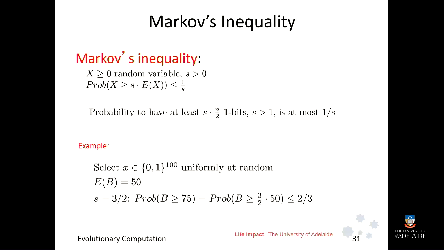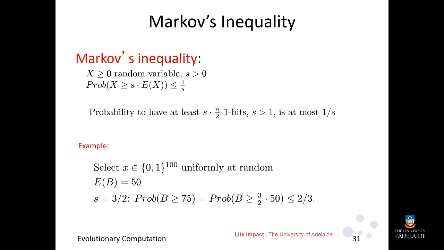Does that feel about right? Do you think with probability 2 on 3 you see 75 bits if you do that experiment? It should be much smaller, right?